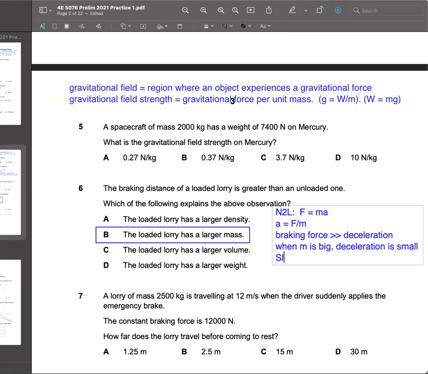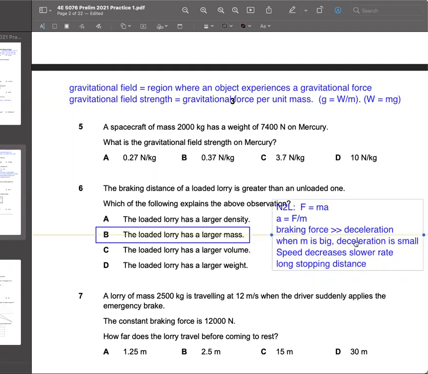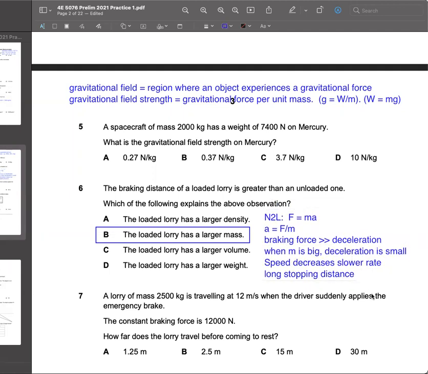So the speed will decrease faster or slower? Slower rate. So that's why it needs a longer stopping distance. So if this is a structured question, then I would prefer you to use Newton's second law rather than inertia.